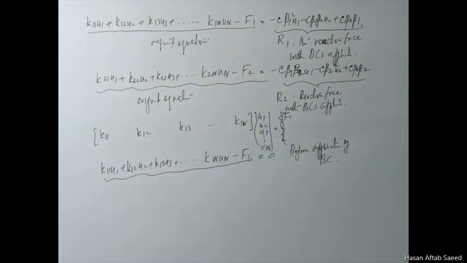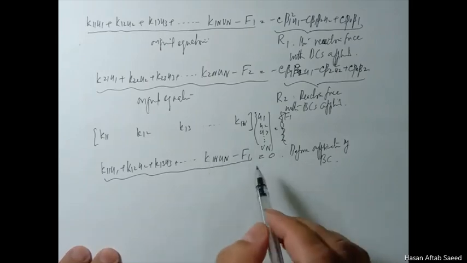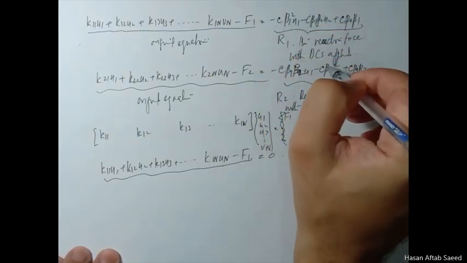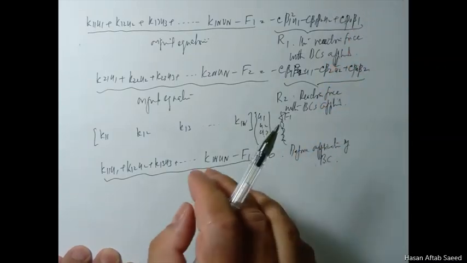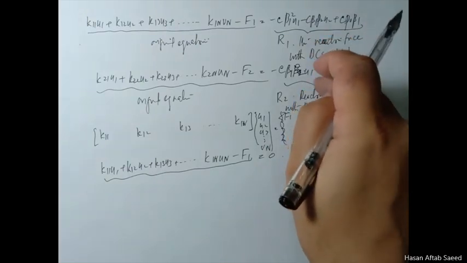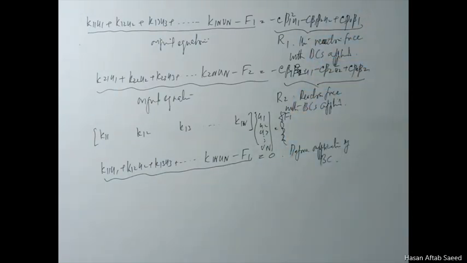You see now that even if you bring F1 to the left hand side, it's not 0, because you have still a quantity there. That quantity is the reaction force, and it is precisely there because it is forcing some sort of a displacement at U1. Obviously it's also doing so at U2, but some constraint is always there when there is a force, and that force is the reaction force.